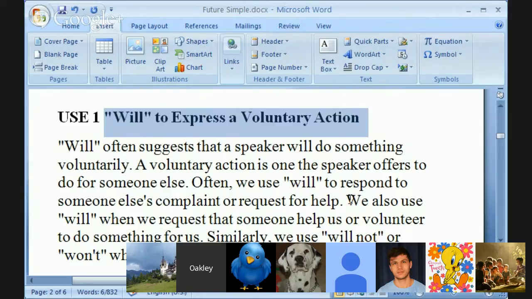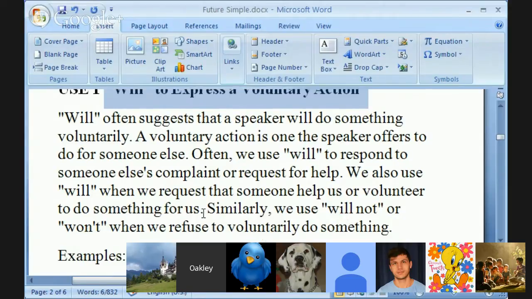Or when we're asking, as in a request, we'll also use will. Will you help me? To ask someone to help us or volunteer to do something for us. Or, of course, we will use the negative if we refuse to voluntarily do something, obviously.